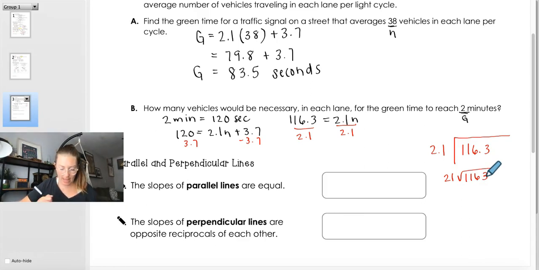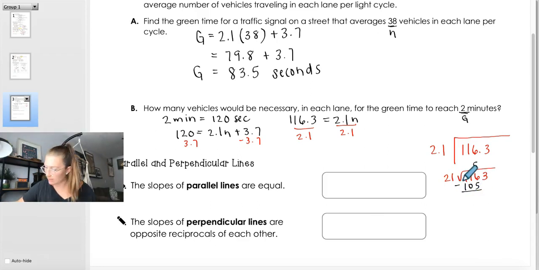All right, let's go ahead and divide that. How many times does 21 go into 11? Can't go into 11, so how many times can 21 go into 116? I think 5. So you put the 5 above the 6, since I'm going into 116, and then you multiply it back. 5 times 1 gives me 5, and 5 times 2 gives me 10. In long division, we always subtract.